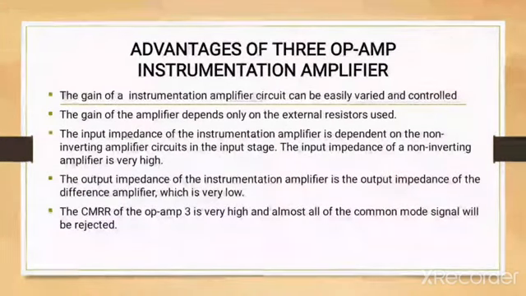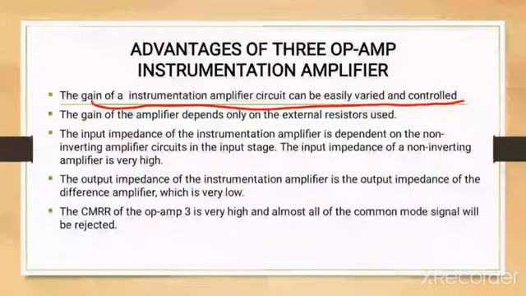The CMRR of op-amp 3 is very high, and almost all the common mode signals will be rejected. So see the advantages. The gain is easily varied by the external resistor R gain.